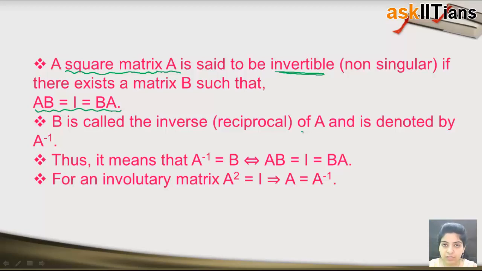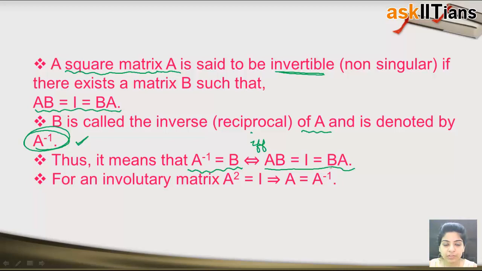B is called the inverse or reciprocal of A and is denoted by A inverse. This is the usual way of denoting it. Thus it means that A inverse is B if and only if AB is I is BA.